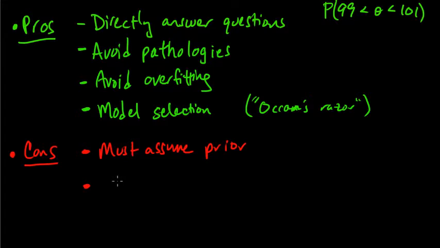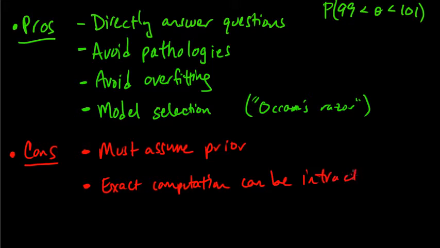And another con is that oftentimes exact computation can be intractable. Oftentimes when we're doing Bayesian inference, we always have to compute the posterior distribution, and then often we have to do some integral with respect to that posterior distribution.